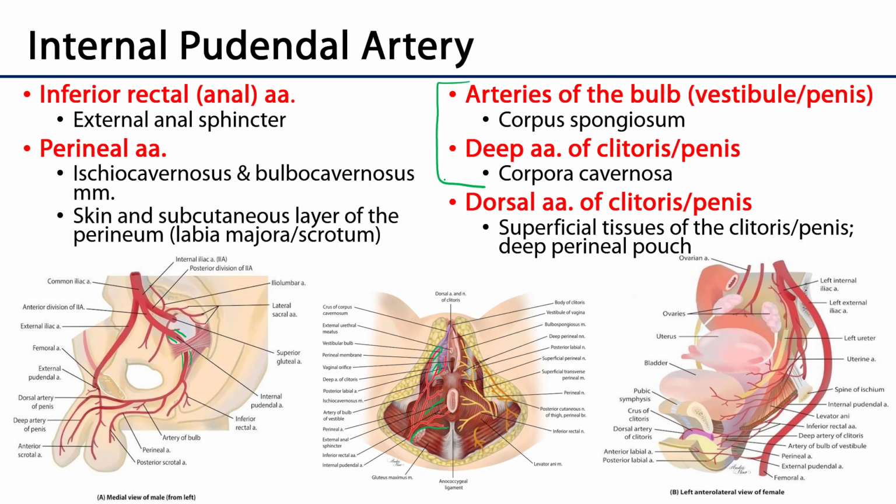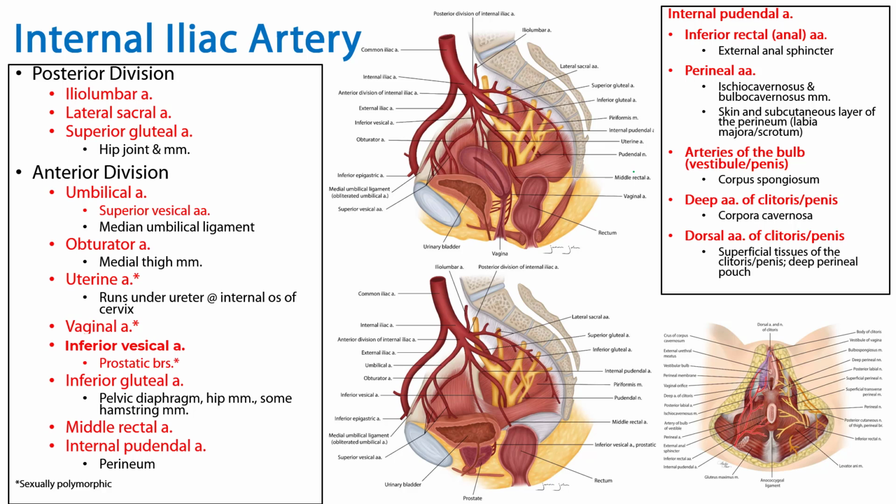The arteries of the bulb serve the corpus spongiosum, whereas the deep arteries serve the corpora cavernosa. So we've discussed the origin of the internal iliac artery, as well as its branches within the pelvis and outside of the pelvis, with an emphasis on the branches of the internal pudendal artery.